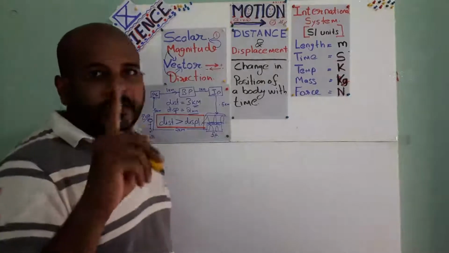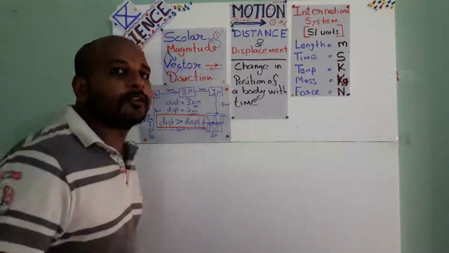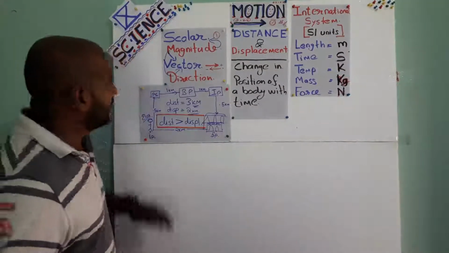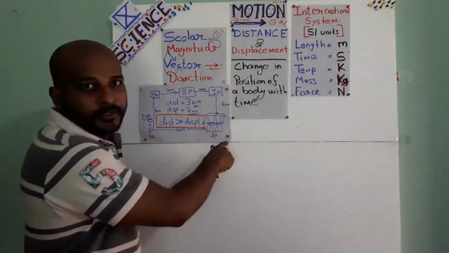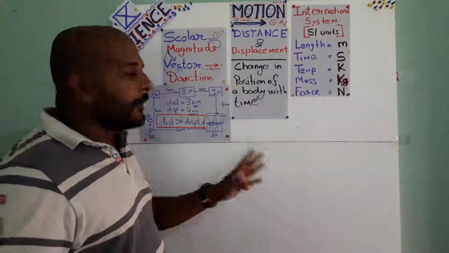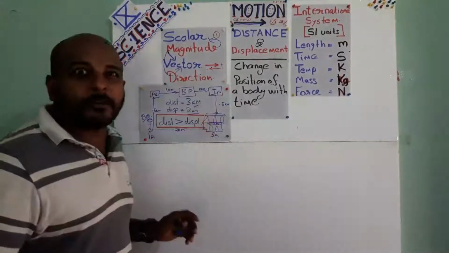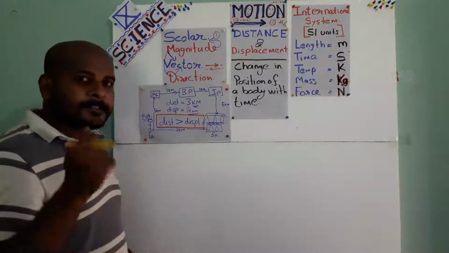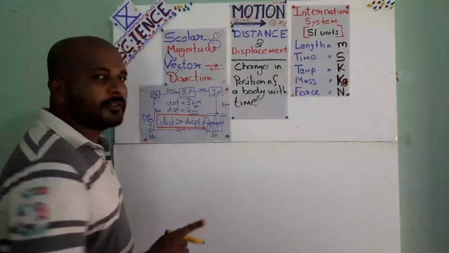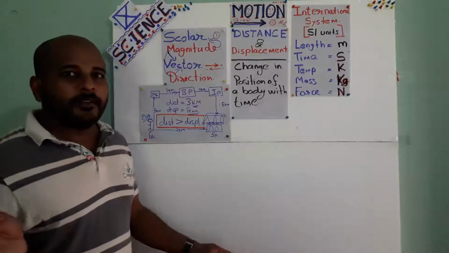In one condition, distance will be equal to displacement. What is the condition? If Elsa was a good girl, she would go directly to school. This day she was caught by the principal, who asked why she was late and told her that the next day she must come directly to school, otherwise he would beat her.